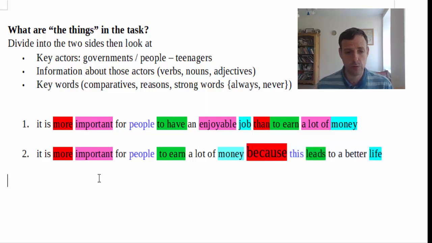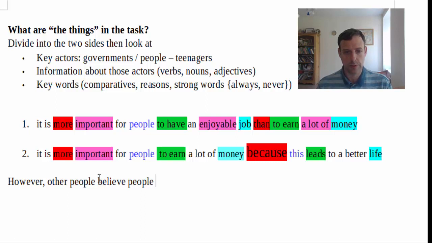Okay, so how would that look if we were writing the topic sentence? So, however, other people believe people should focus more on money.